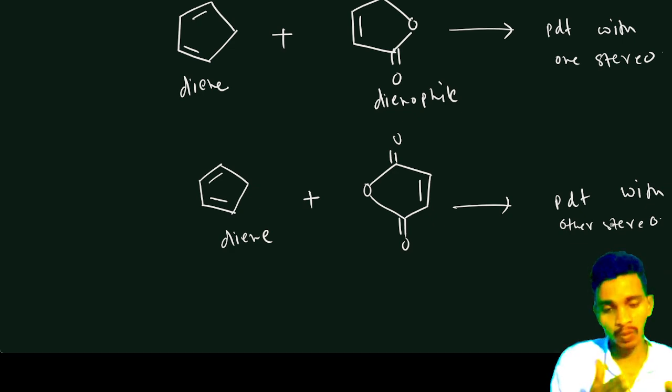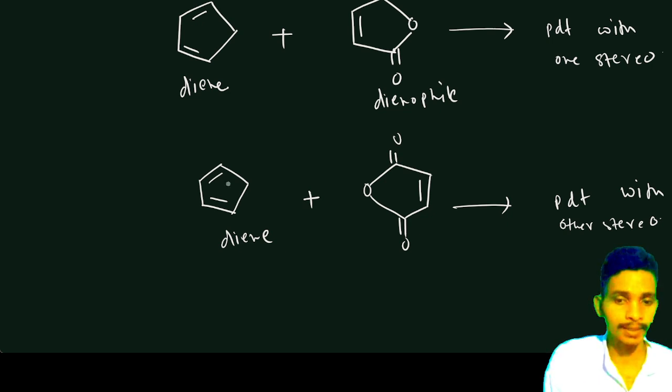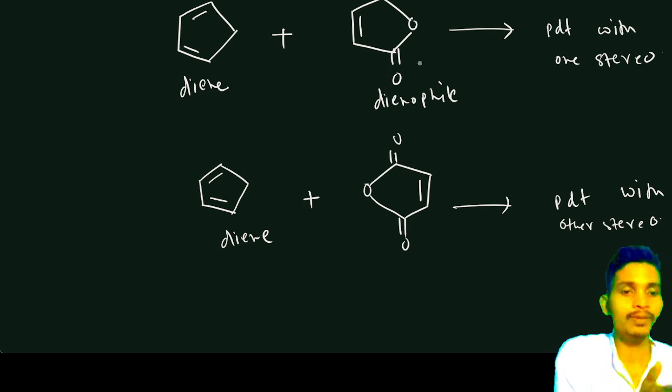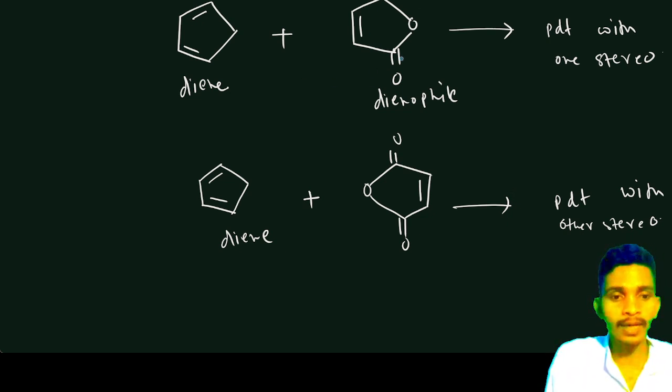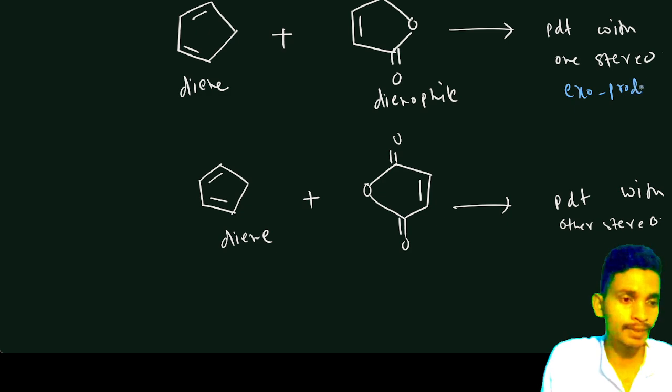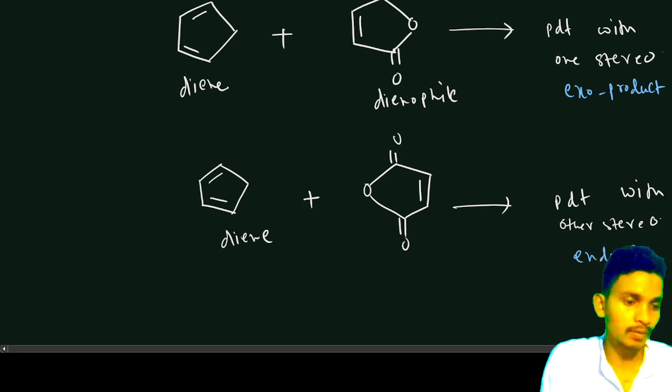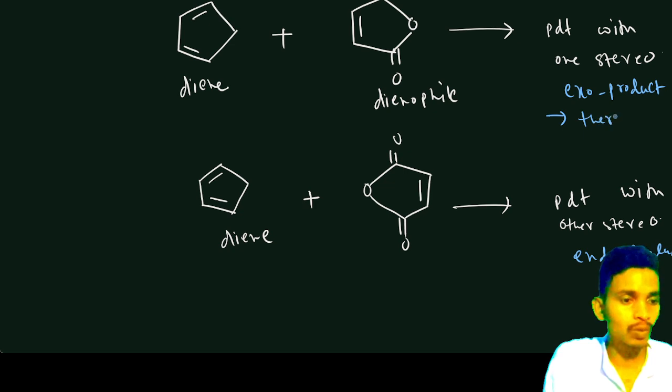So that is the stereochemistry of the Diels-Alder reactions. If we change the orientation of the dienophile, we can get different stereochemistry. That's why we say sometimes the exo product, sometimes the endo product. If it is this orientation, we will get the exo product, and if it is like this, we will get the endo product. The exo product is the thermodynamic product, and this is the kinetic product.